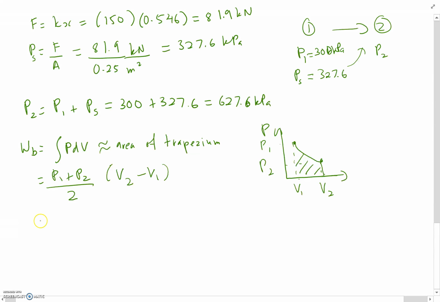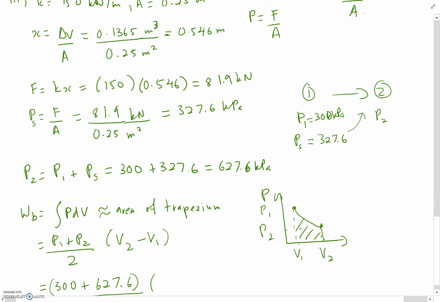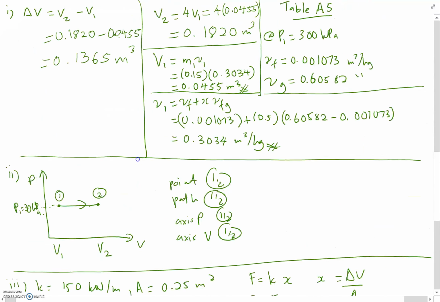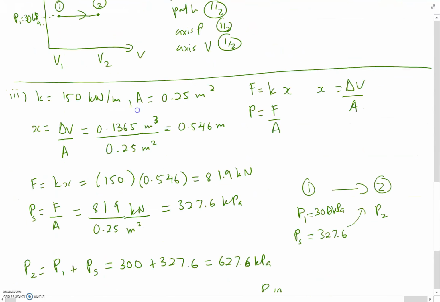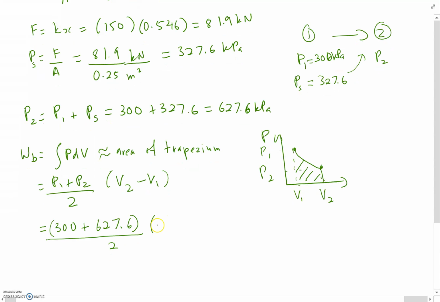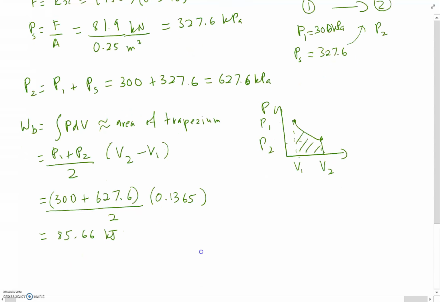So P1 is 300 plus P2, 627.6, over 2, and V2 minus V1 is the delta V. Okay, this is your delta V, this one, 0.1365, which equals 85.66 kilojoule.